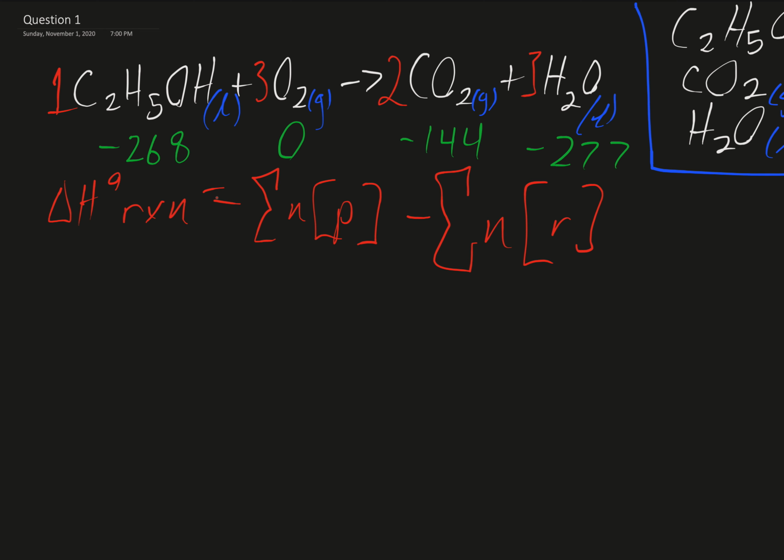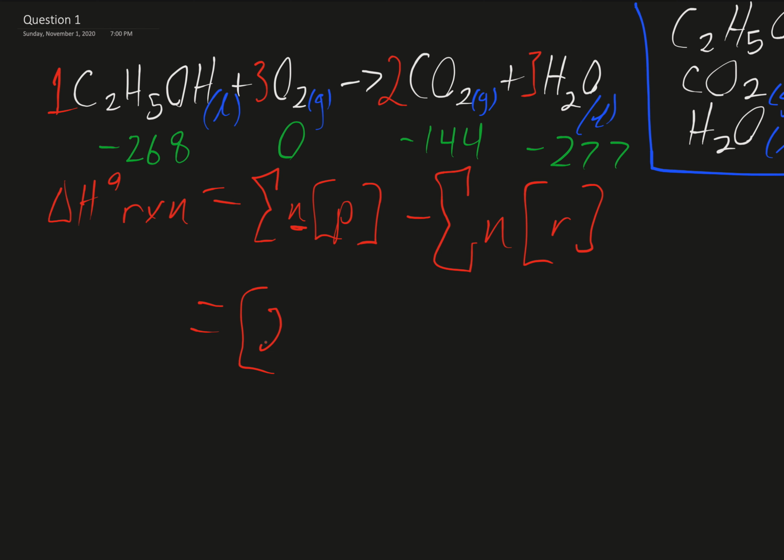And so we begin by plugging in everything that we do have. So we see here that on the product side, we're going to have carbon dioxide and water. And so here we want to take note of this lovely n, right? The amount of moles that we have.